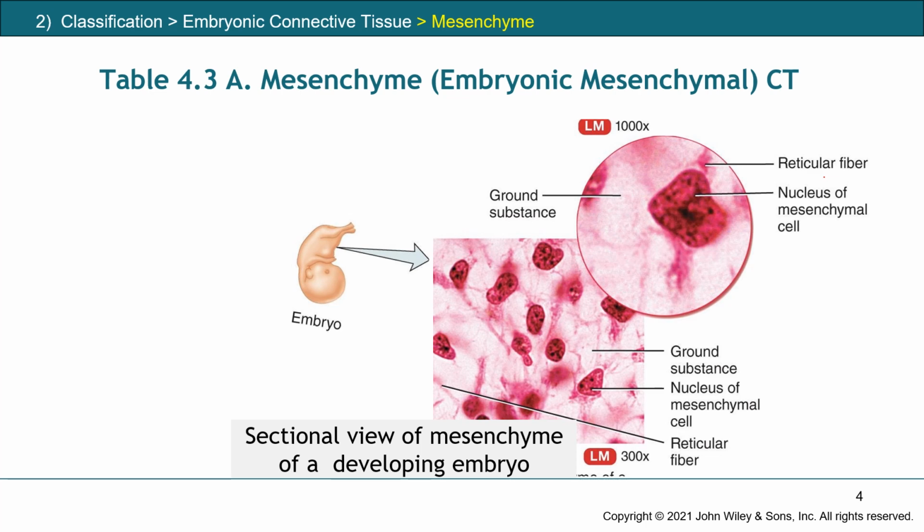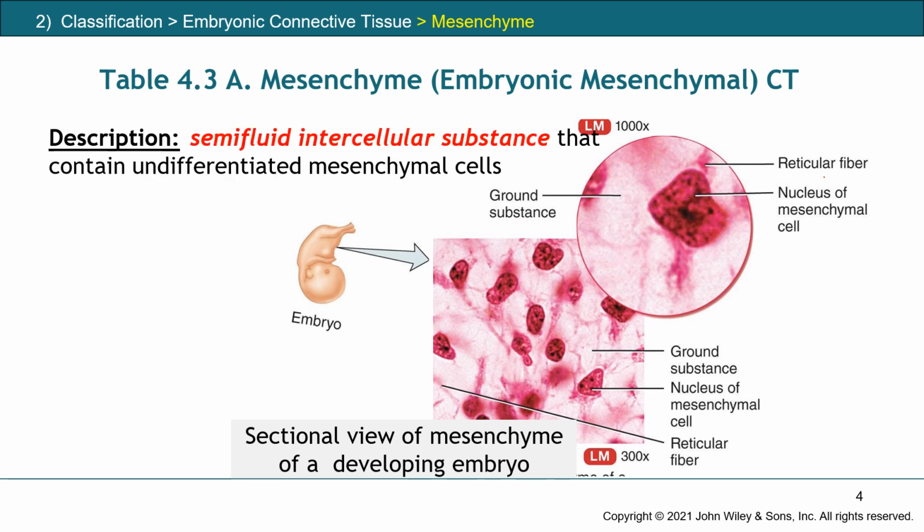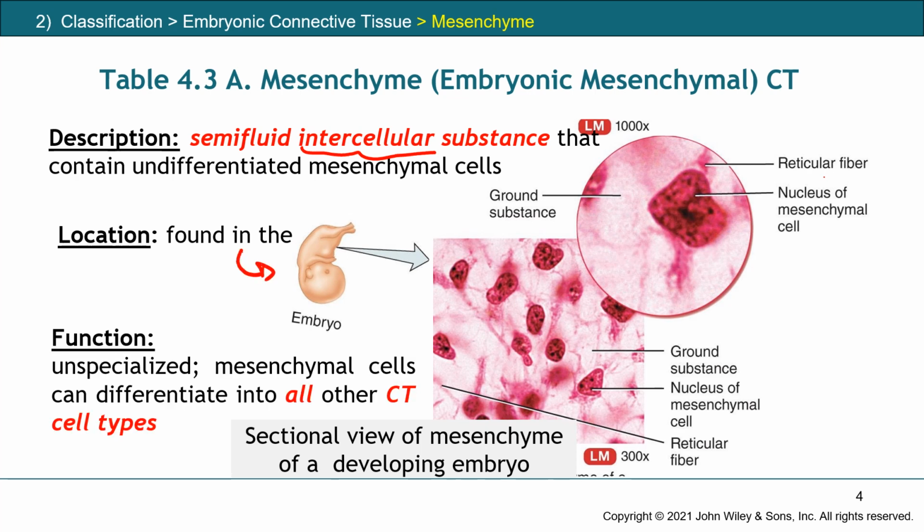And I remind you, these are the 3 components that we will find in the connective tissue. So these mesenchymal cells are inside the semi-fluid intercellular substance, and the location, as you can see here, is the embryo, and the function is mainly to differentiate into all connective tissue cell types.